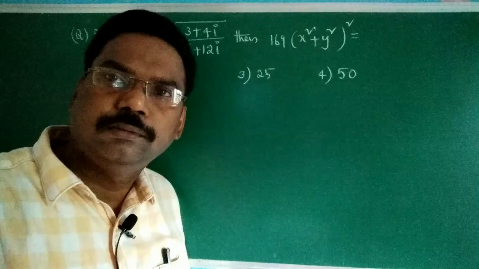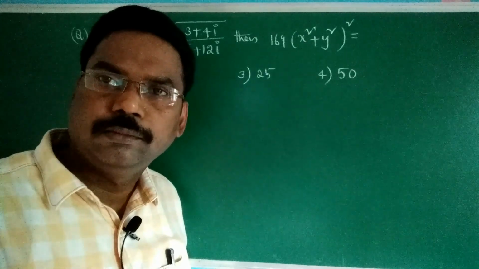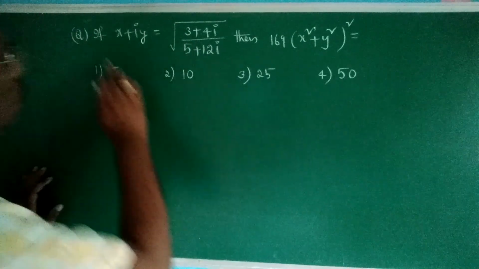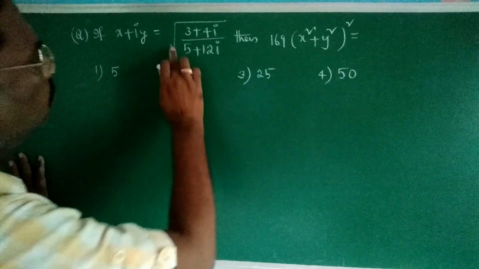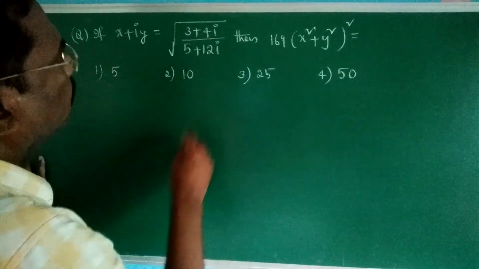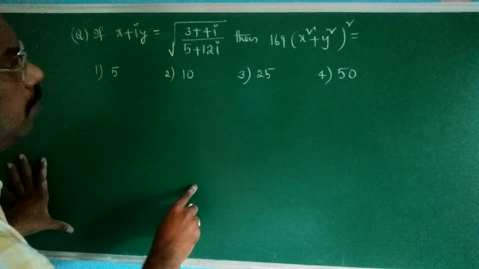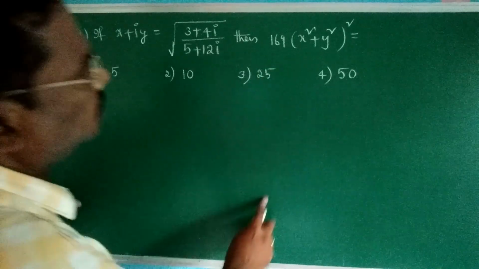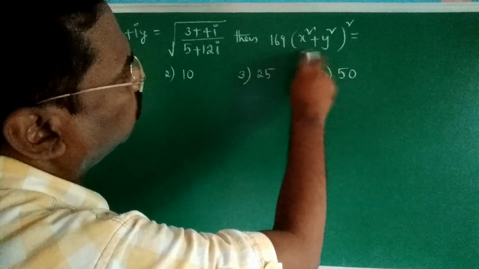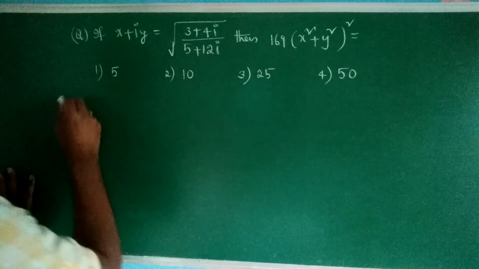Next one: if x plus iy is equal to the square root of 3 plus 4i by 5 plus 12i, then 169 into x square plus y square whole square equals.